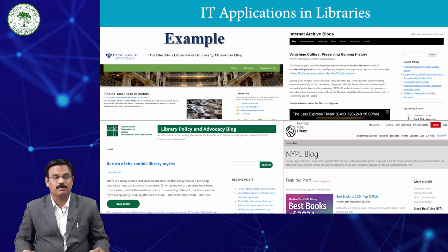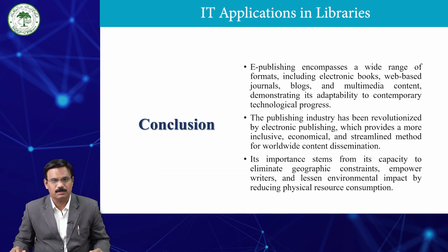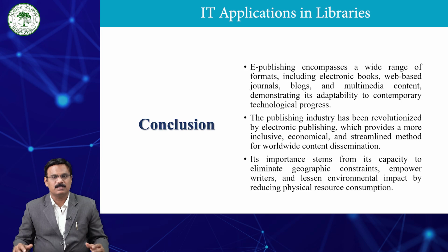the blogs for e-publishing. So, dear learners, e-publishing encompasses a wide range of formats, including electronic books, web-based journals, blogs, and multimedia content, demonstrating its adaptability to contemporary technological progress. The publishing industry has been revolutionized by electronic publishing, which provides a more inclusive, economical, and streamlined method for worldwide content dissemination.